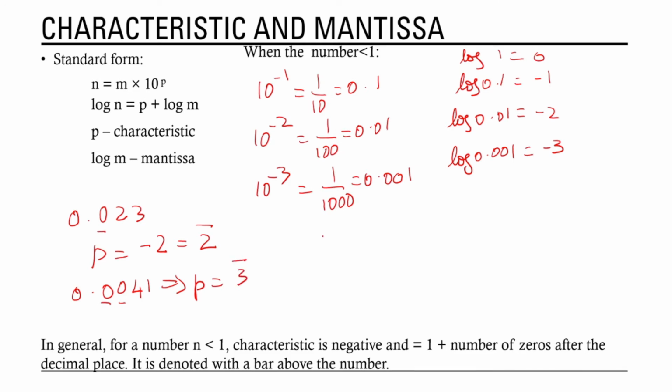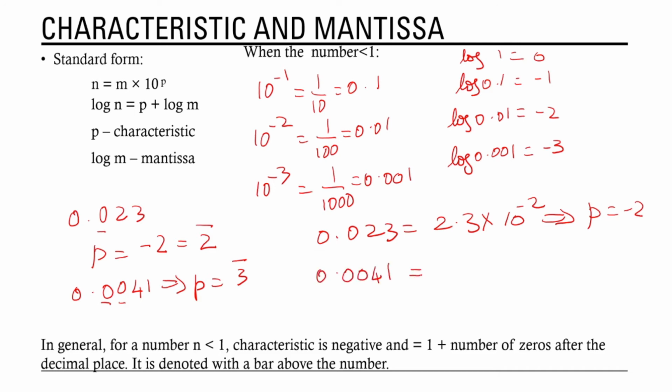Or we can also express this in the standard form. 0.03 is equal to 3 into 10 raised to minus 2, so again from here also I am getting p as minus 2. And 0.0041 is 4.1 into 10 raised to minus 3. From here I am getting p as minus 3. So, we do not write minus 2 and minus 3, we have to write bar 2 and bar 3.